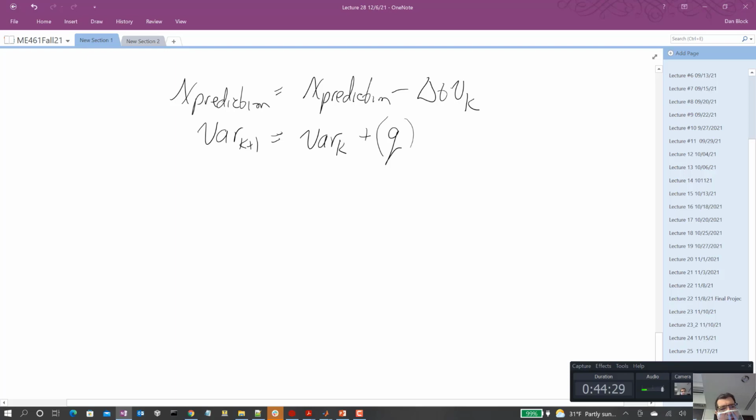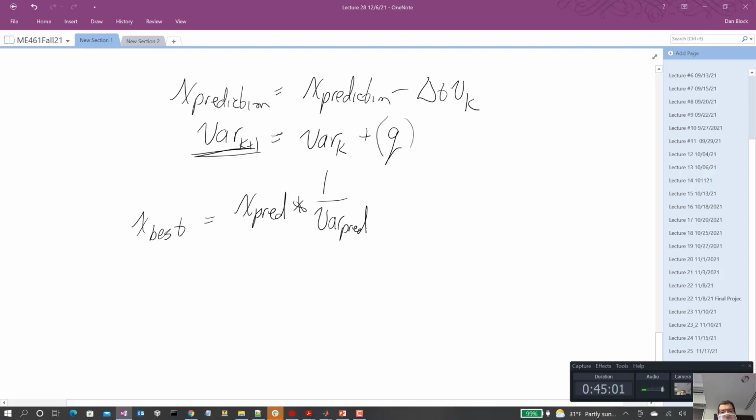And so then our x best, our new corrected value, is equal to what? Well, we said we take where the x prediction is at a certain time, times how much we trust that, which is 1 over the variance of the prediction.